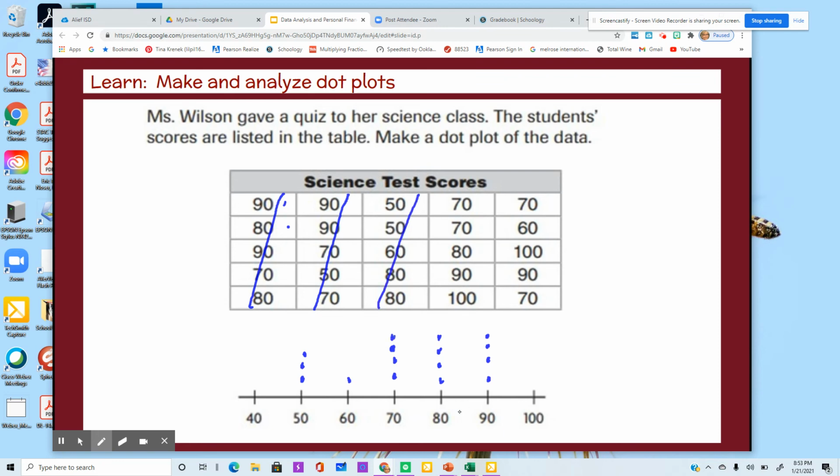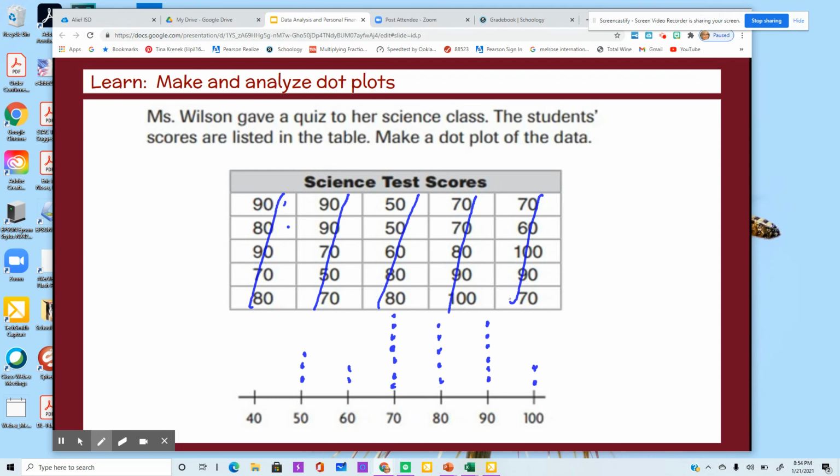Then I have 70, 70, 80, 90, 100, and then 70, 60, 100, squeeze the 90 in there, and the last 70 there. All right, so there is my data on a graph, and you can see which students scored the best.